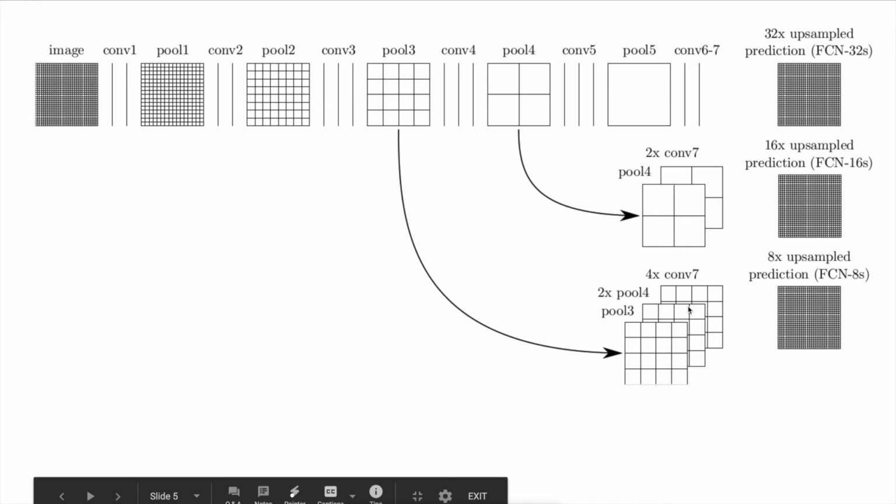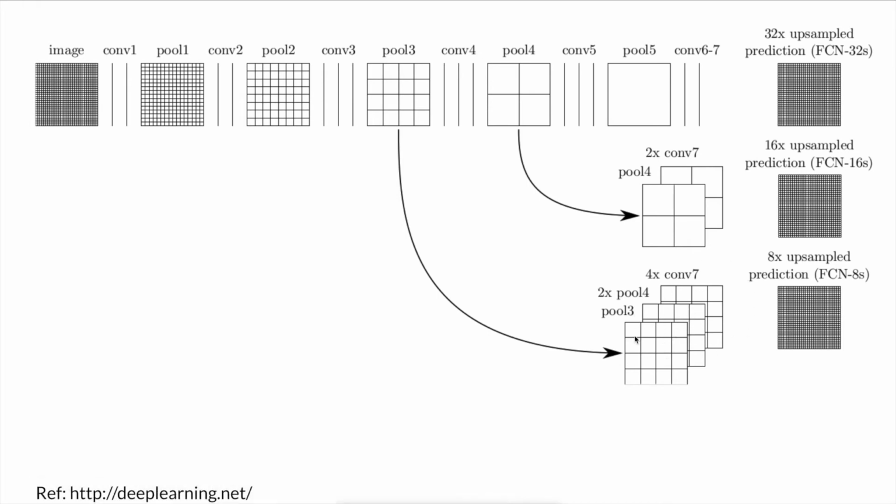Similarly, here also we are going deeper. So why does this network use skip connections here? This skip connection takes the information that the previous pooling layer contained. Here also we lose a lot of information, but some information is there, and we are concatenating it.